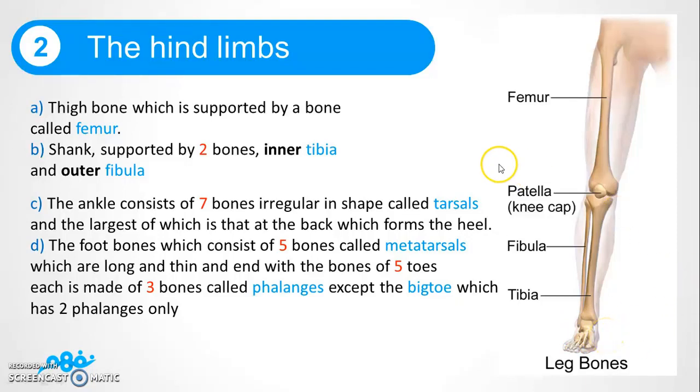Focus on this: tarsals first, followed by the metatarsals, not the metatarsals and then the tarsals. As in the forelimb, in the hind limb we also have 5 toes made of 3 bones called phalanges at the end, except the big toe, which has only 2 phalanges, not 3 like the others. It's related to the forelimb, but easy.